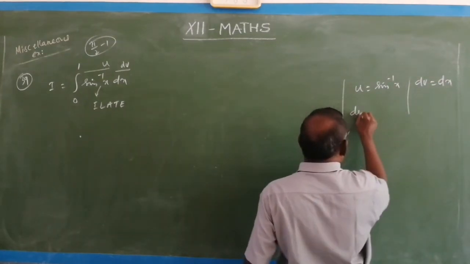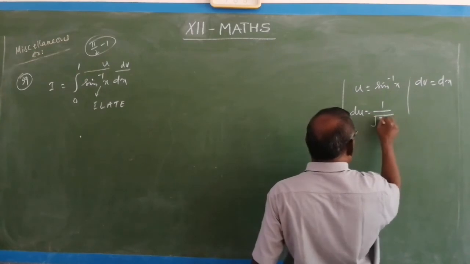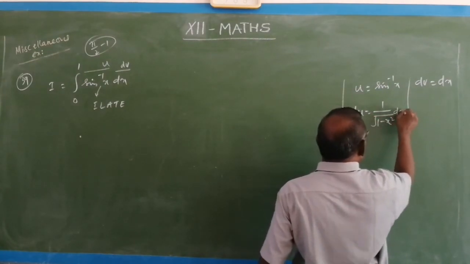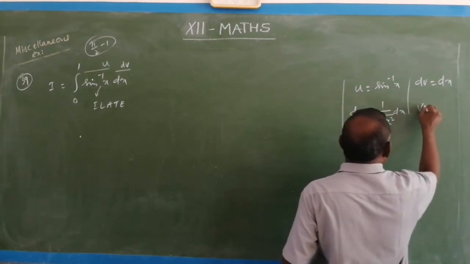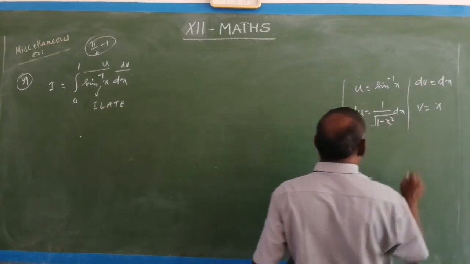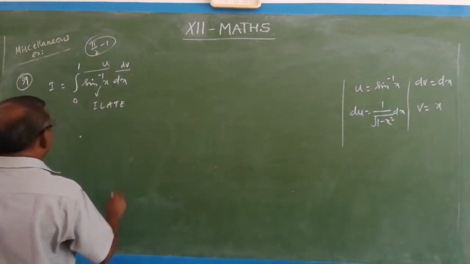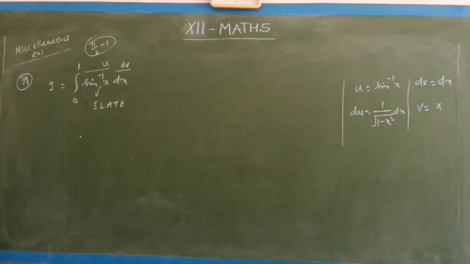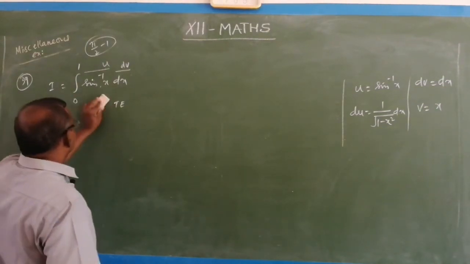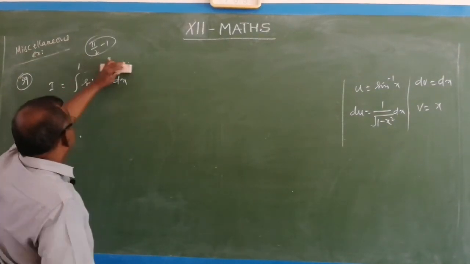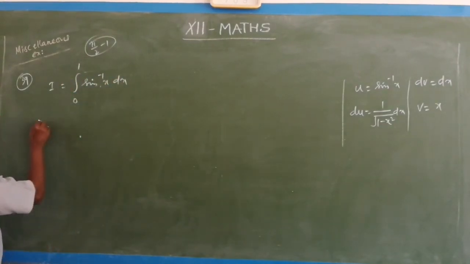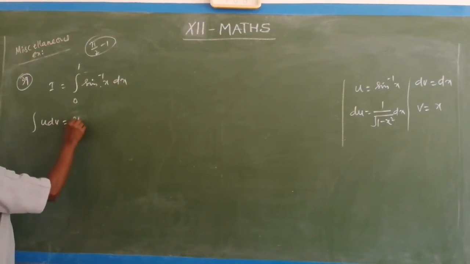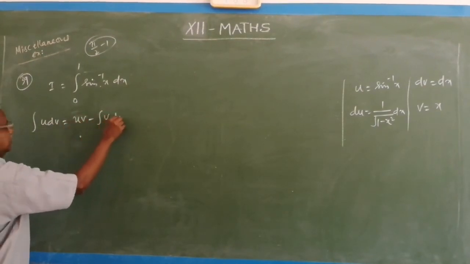Differentiating u, we have du equal to 1 by root of 1 minus x square into dx. Integrating dv, we have v equal to x. We know that integral u dv equals uv minus integral v du.